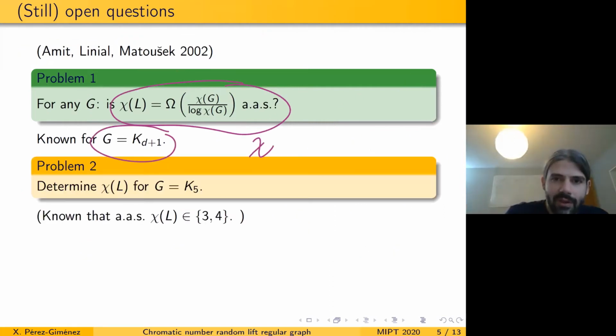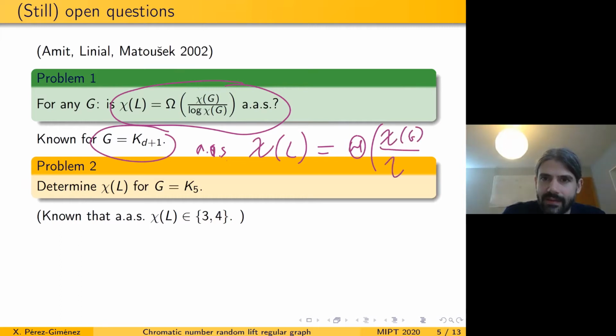So for the complete graph, you have that asymptotically almost surely the chromatic number of the random lift is, oh, that's a log. Or I can just put a D.